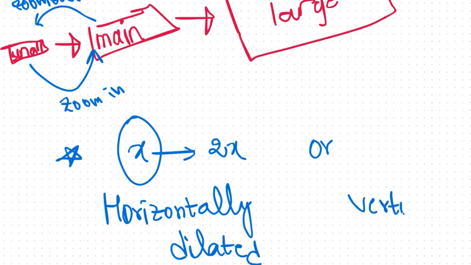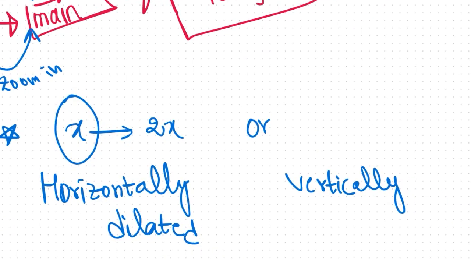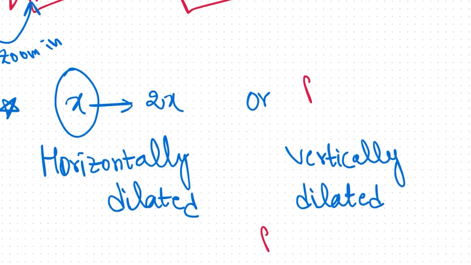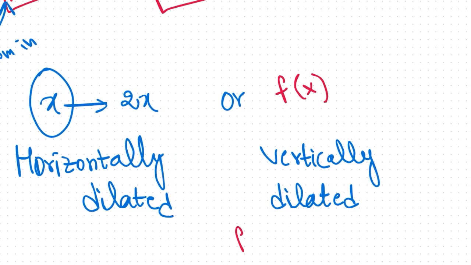Can you guess what vertical dilation means? Vertically dilated means, so f of x becomes what? Twice of f of x, like that.